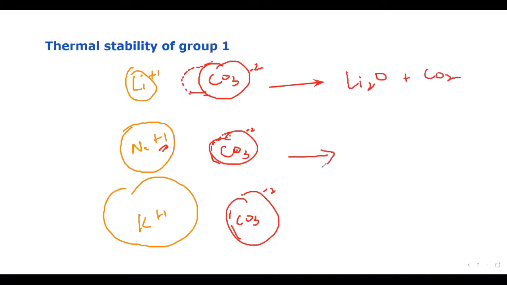But if you remember in O levels, IGCSE, we discussed that when we supply heat energy to sodium carbonate and sodium hydroxide, they are stable to heat. So what is the reason why they were stable to heat?